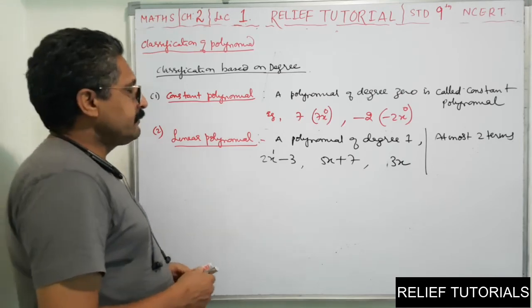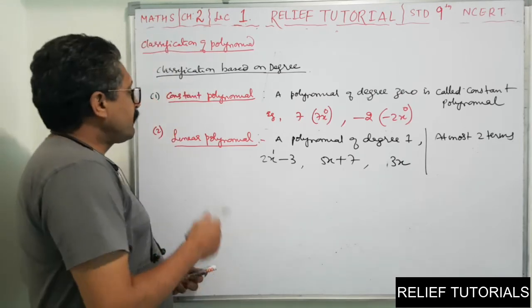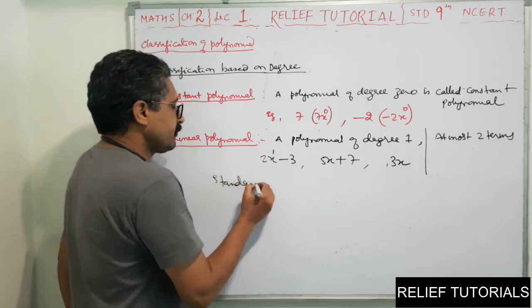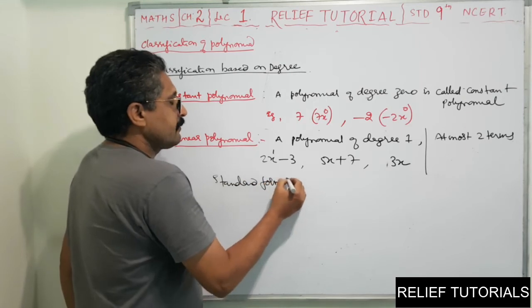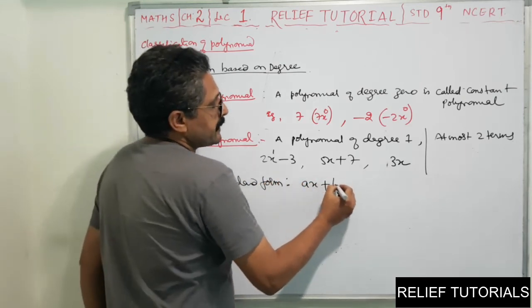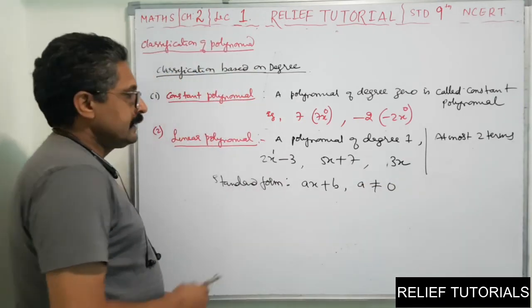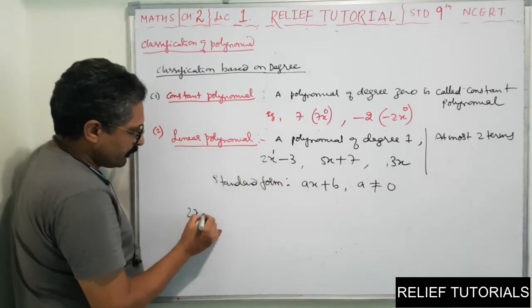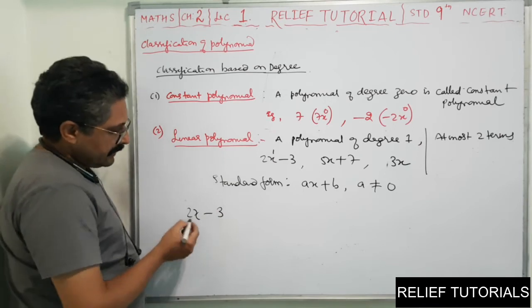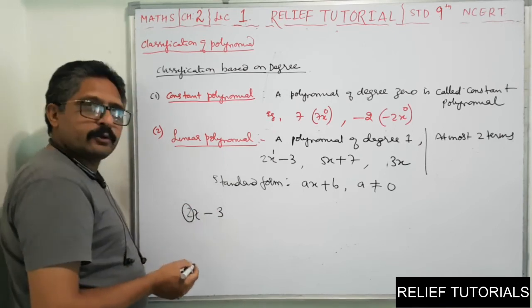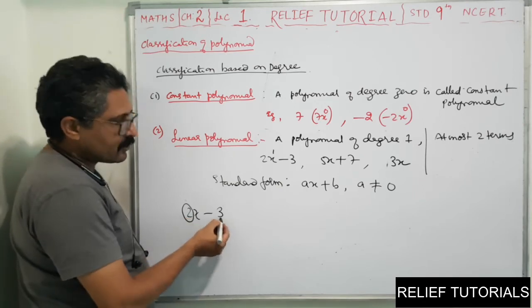Clear? And the standard form of a linear polynomial I can write as ax plus b, where a is not equal to 0. See, if I take 2x minus 3, the coefficient of x is 2. This is called a and this is called b.